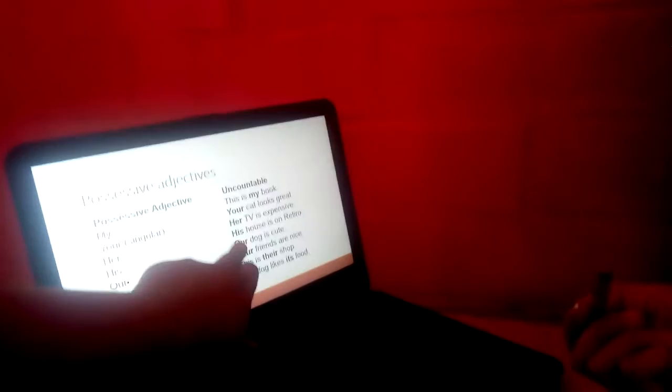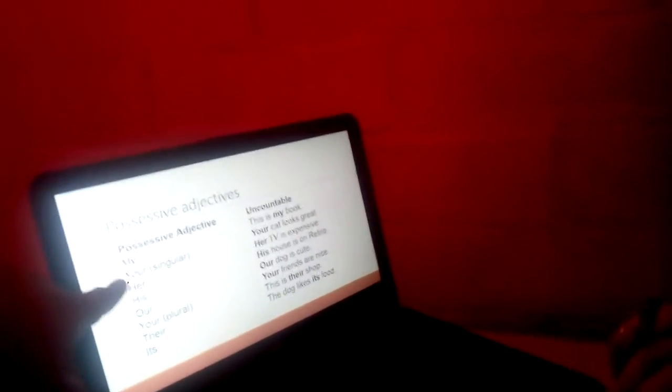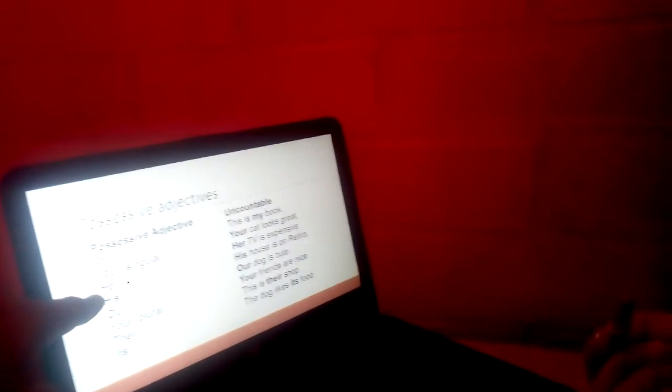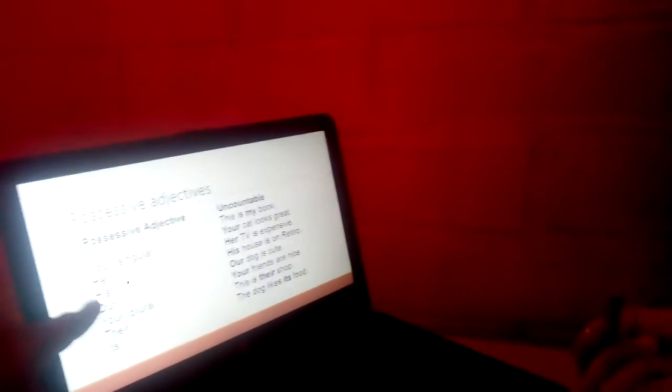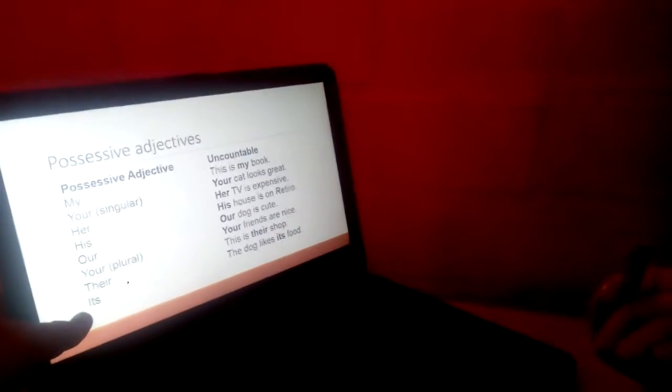Here are the adjectives, and here are some examples. They are in order for the pronouns I, you in singular, he, she, we, you in plural, they, and it.